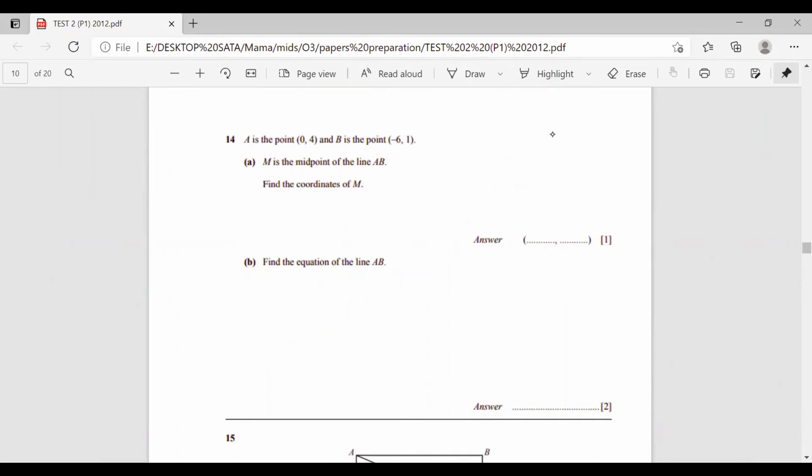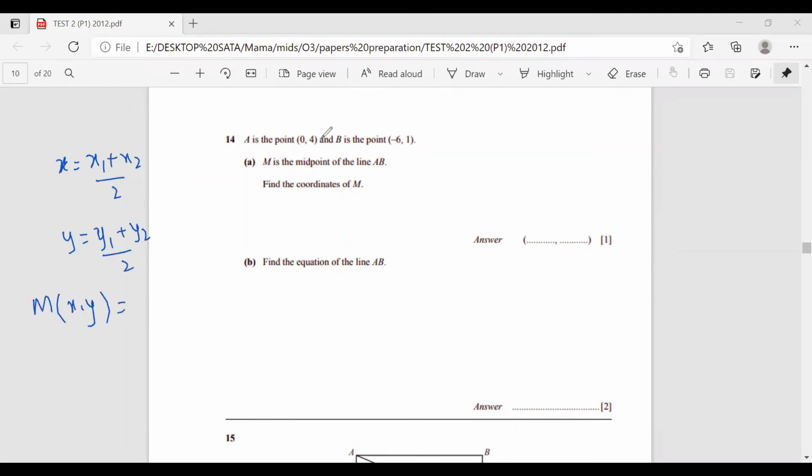Easiest question. You must know the formula for the midpoint: x equals x1 plus x2 divided by 2, and y equals y1 plus y2 divided by 2.